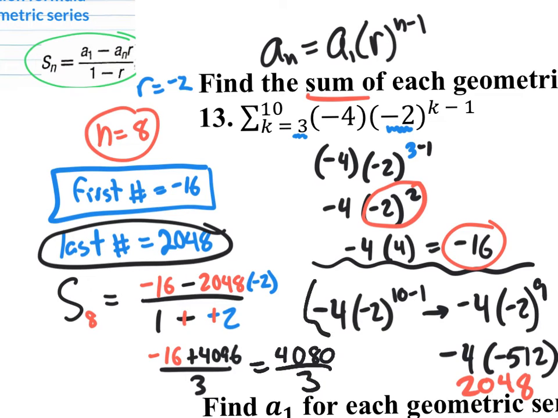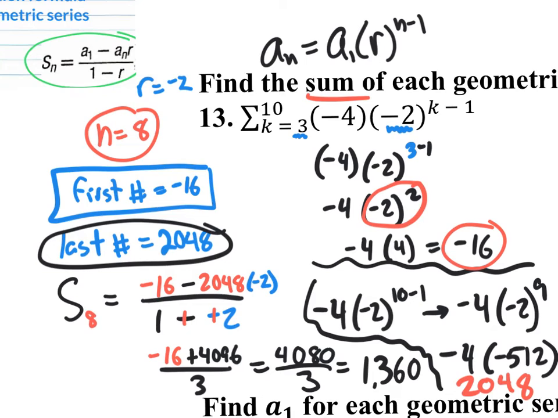So our answer, sorry, running out of space here, 4,080 divided by 3 would be 1,360. So ladies and gentlemen, the summation of the 8 numbers on this list using the formula gives us 1,360.